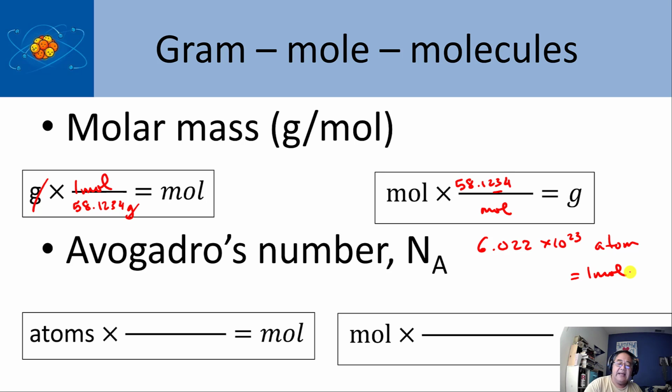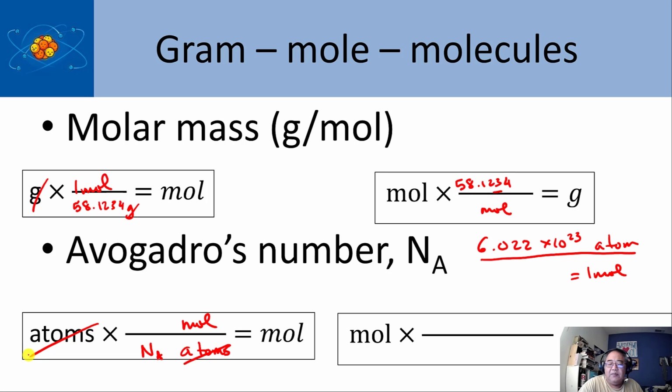So if you're given atoms and you want moles, then the atoms has to be on the bottom and the top part has to be moles. The atoms, right, that's the 6.022 times 10 to the 23rd. I'm just going to abbreviate it so I don't have to write it. That's Na, Avogadro's number. And then the atoms will cancel.